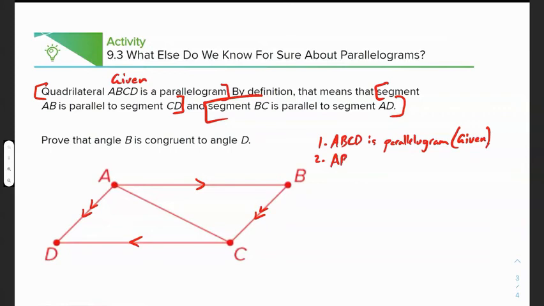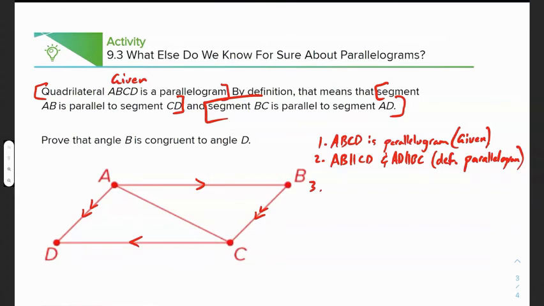AB is parallel to CD, and AD is parallel to BC, and that's the definition of a parallelogram, or given. I mean, they flat out told us, right? So we could always say given too, if you really wanted to.